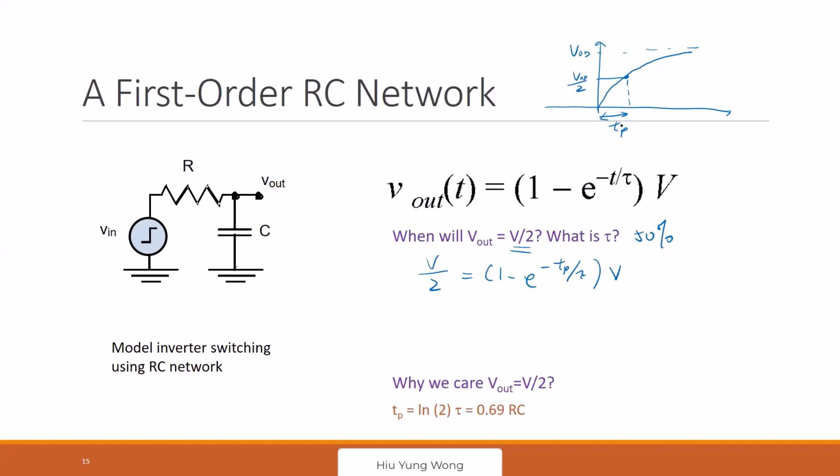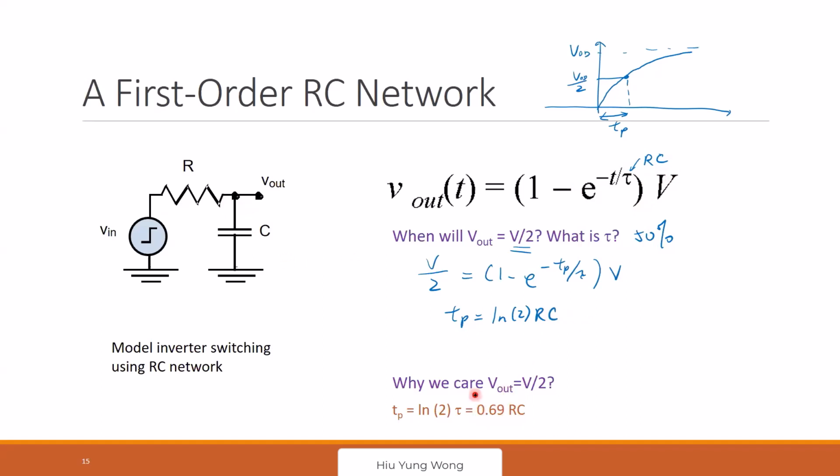If we do this, then you solve the equation and you see that tp equals log 2 times RC. Tau is RC, by the way. I don't go into this anymore because I assume you learned this before. If not, just take it for granted: 1 minus e to the power of t divided by tau, where tau is R times C. So this is your 0.69 RC.